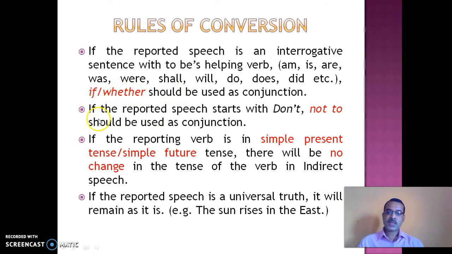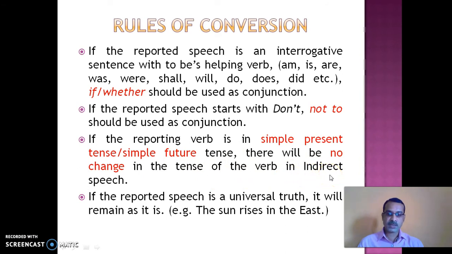Next, if the reported speech starts with "don't", in that case we use the conjunction "not to". Next, if the reporting verb is in simple present tense or simple future tense, there will be no change in the tense of the verb in indirect speech.